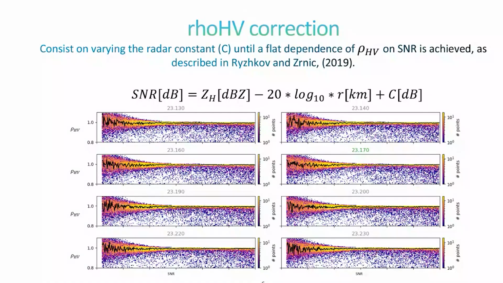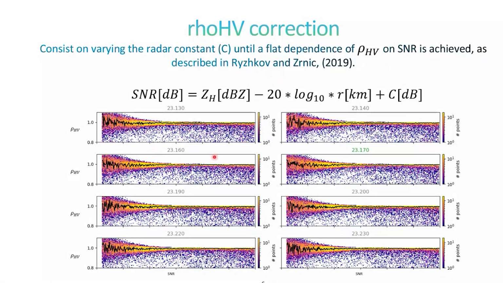The first piece is the ρHV correction. This method is described by Ryzhkov and Krasnov, and it consists of varying the radar constant to reach a flat dependence of ρHV on SNR.